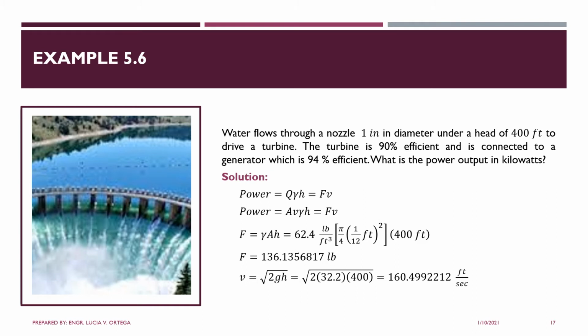Substituting the given values to the equation, you can determine the force: 136.14 pounds. And also from hydraulics, and even from differential equations, you know that velocity is the square root of 2gh. Substituting the given values, we can determine the velocity: 160.5 feet per second.